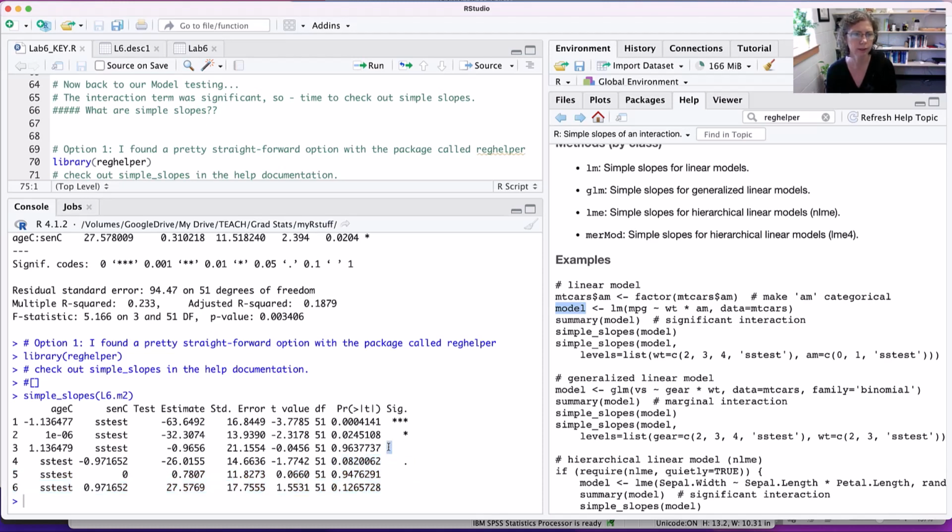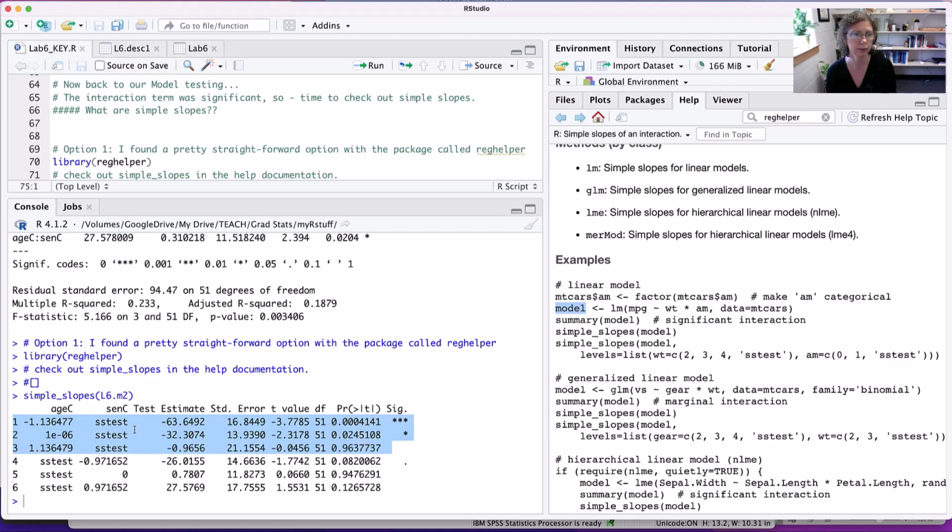But here in the first 3, when seniority was the focal predictor and age was the moderator, this is the relationship between seniority, the focal predictor, and the outcome job sat. And it looks like when age was young, it was a significant relationship between seniority and job sat.